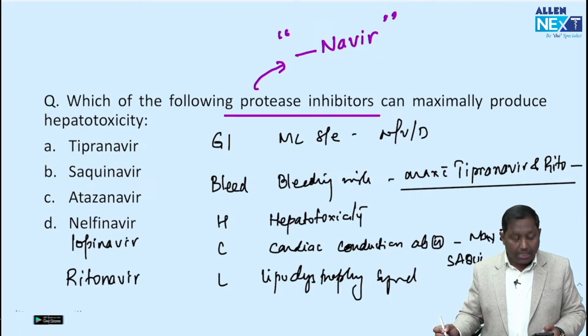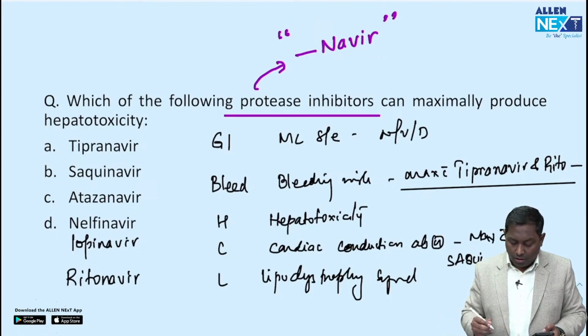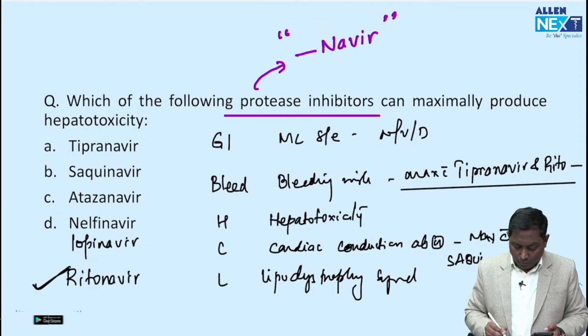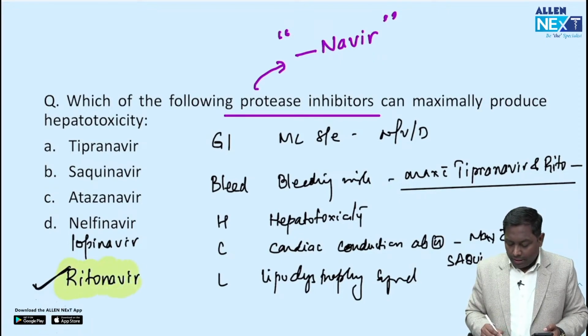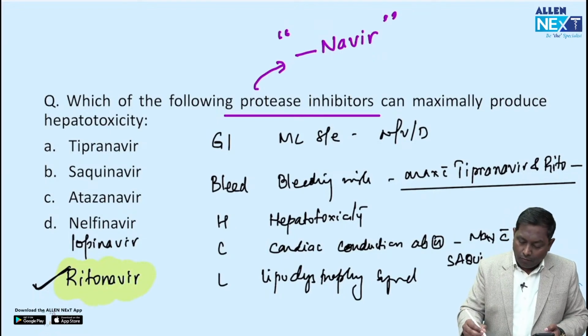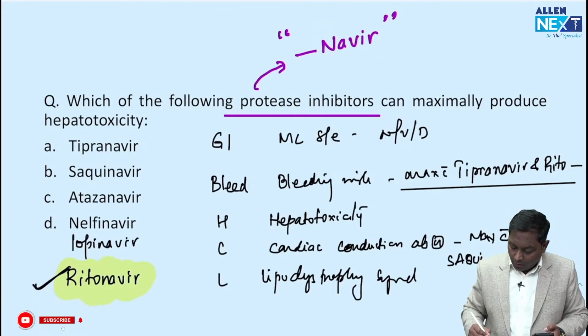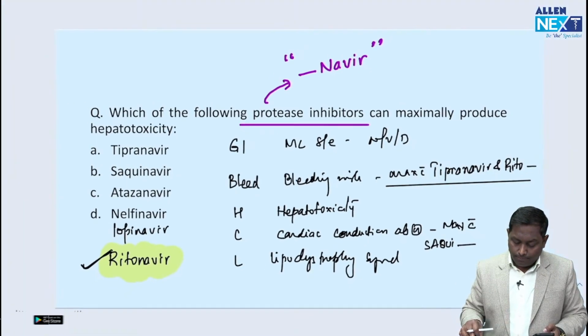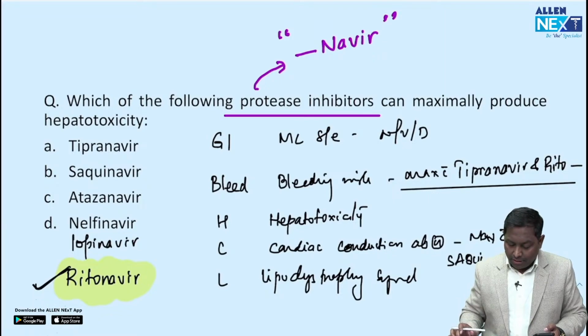If ritonavir was there in the option, I hope all of you have gone with ritonavir. If it was there, then ritonavir. It's the one that has maximum enzyme-inhibiting property. Also, it has maximum risk of hepatotoxicity as well. Please proceed with ritonavir.